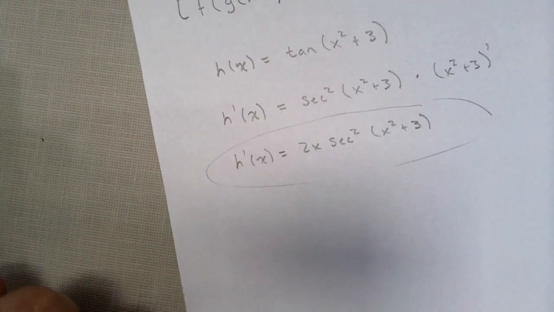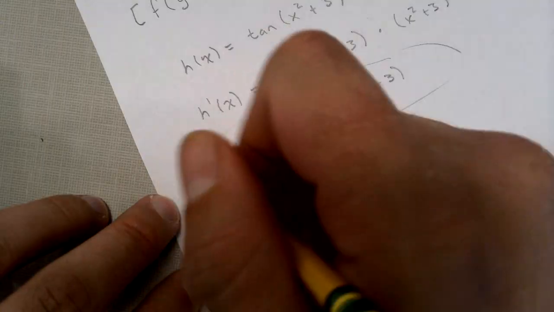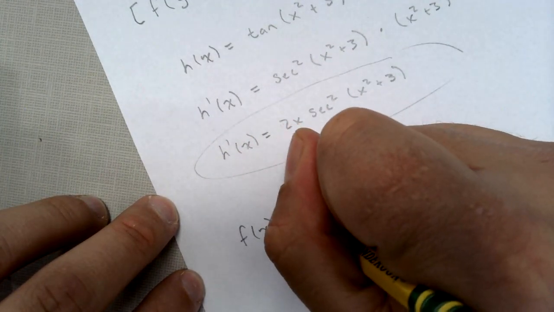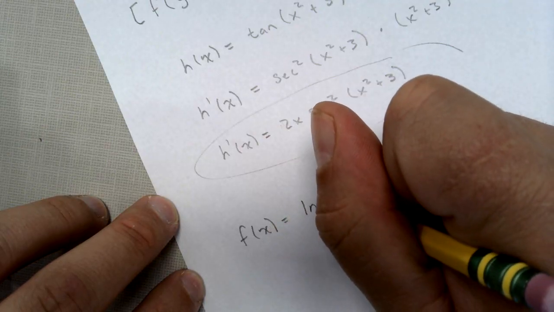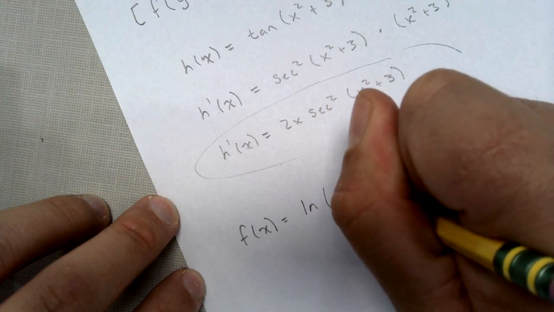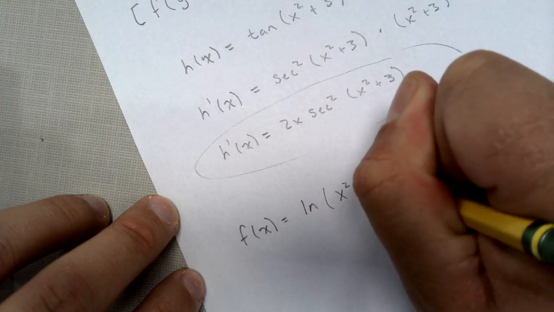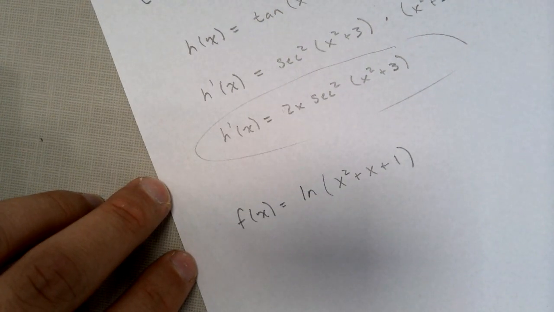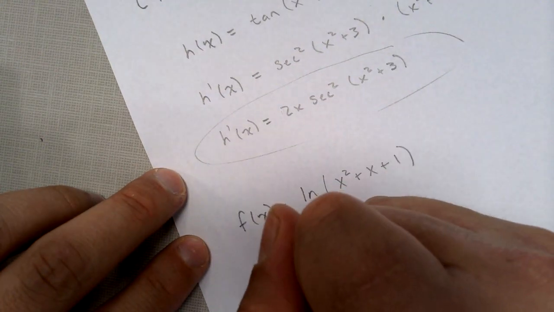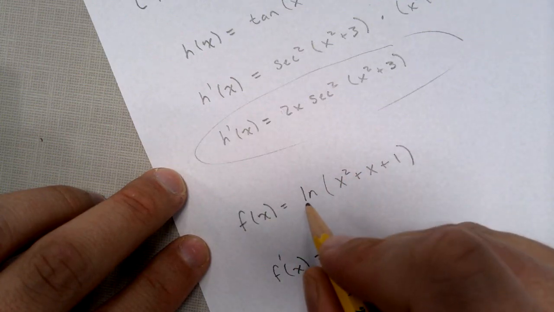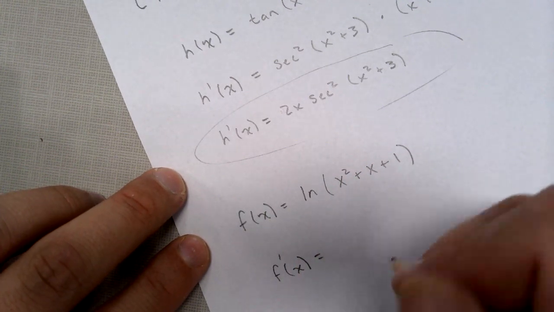Let's try one more chain rule problem. So we'll have a function f of x is equal to the natural log of x squared plus x plus 1. So here, let's take the derivative: f prime of x equals, the derivative of ln of x is 1 over x.